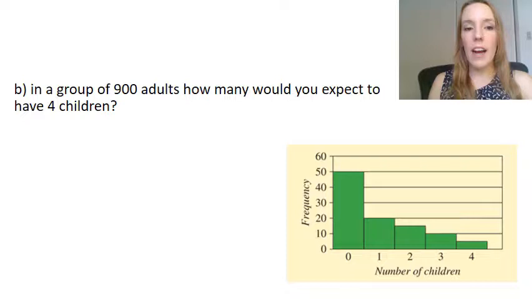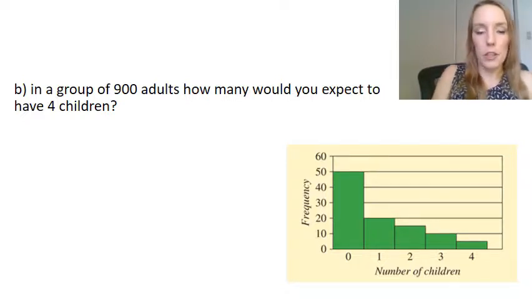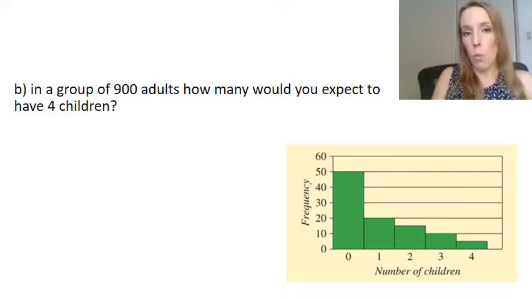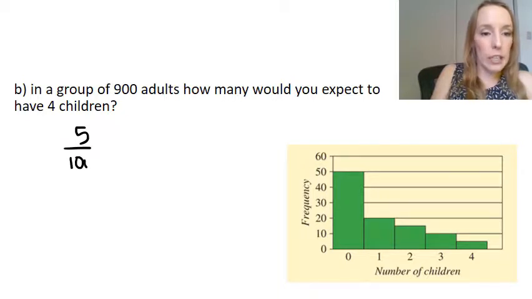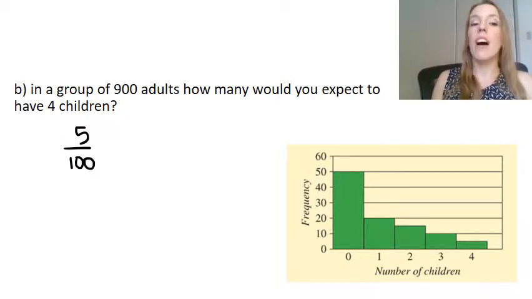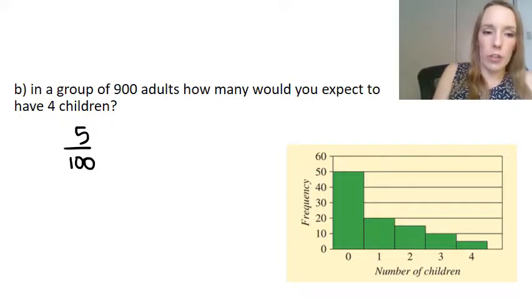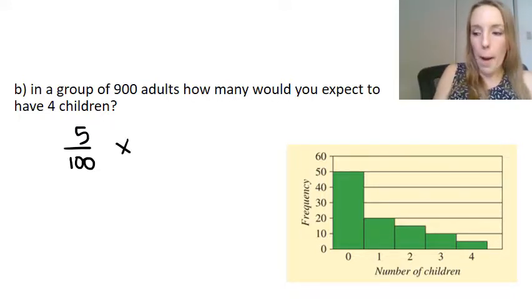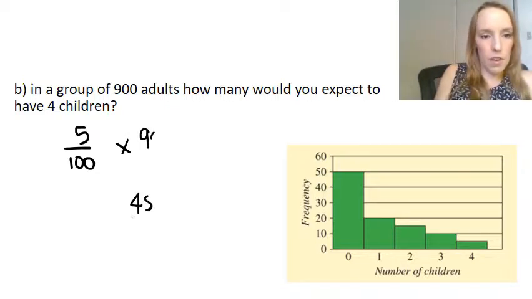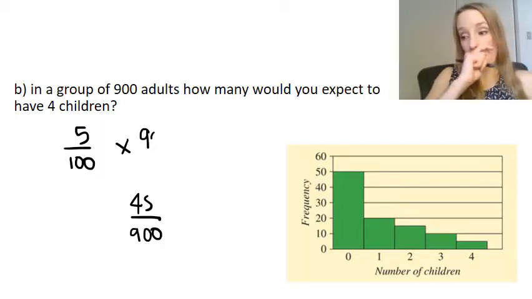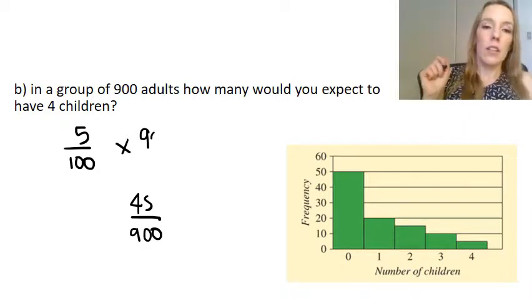Okay, B: in a group of 900 adults, how many would you expect to have 4 children? The first thing to do is find out how many in the 100 would have 4 children. That was 5. So 5 out of 100 would have 4 children, but we want to find out how many out of 900. So we're just going to multiply that by 9, which gives me 45 out of 900 who would have 4 children.